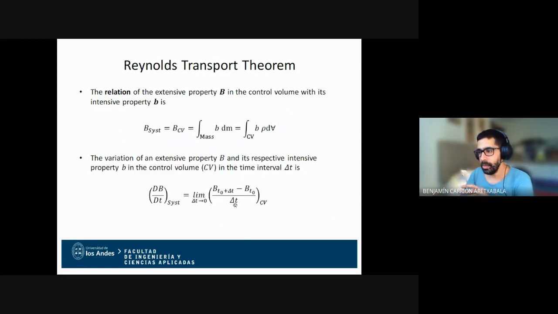So it's just the limit when this delta t is very small. How does it change in a very small time step? This is a definition, and we know that each one of these total properties is going to be the integral of the intensive property over the volume at that time, right?